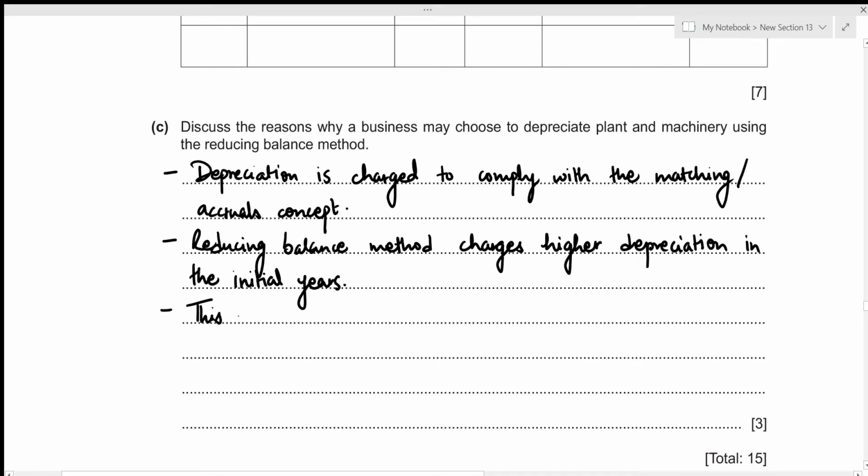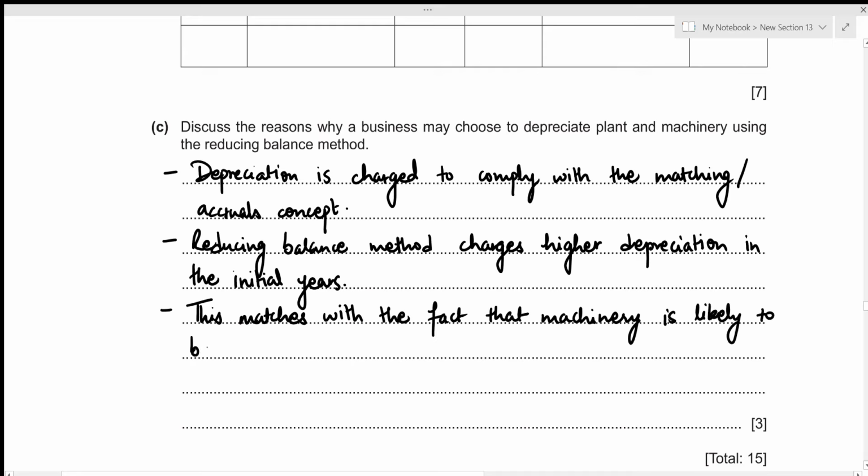This matches with the fact that machinery is likely to be more productive in its early years.